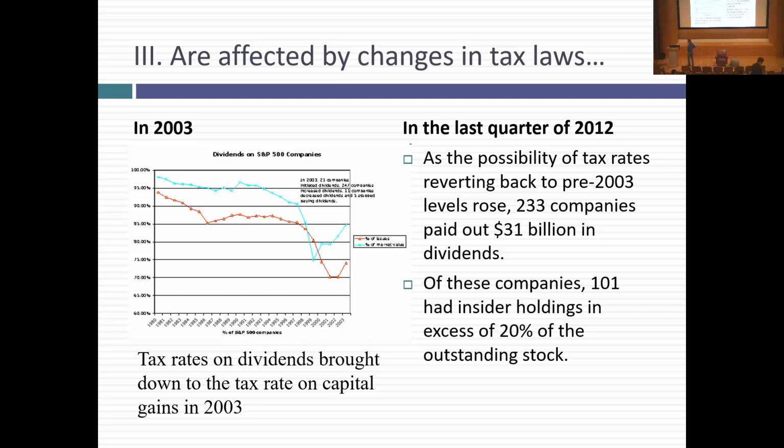But after 2013, they actually fixed it at a higher rate, raised it to 20%.